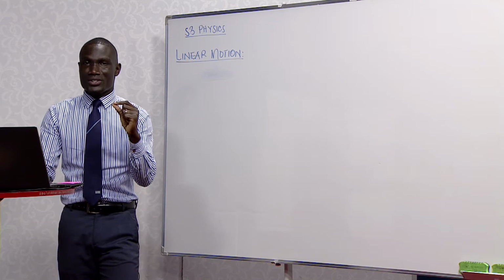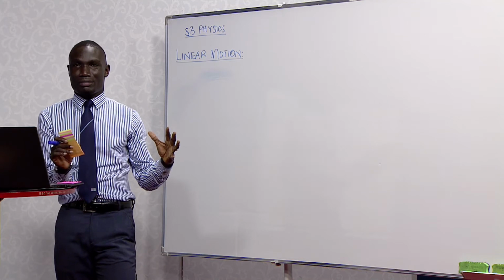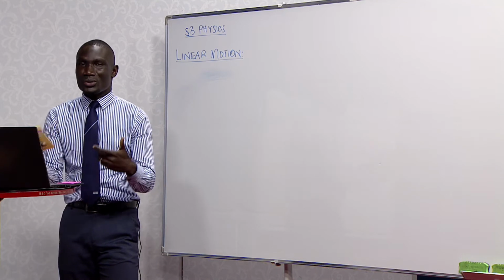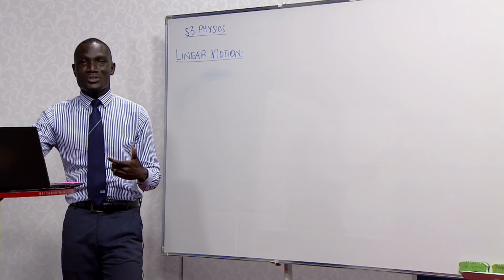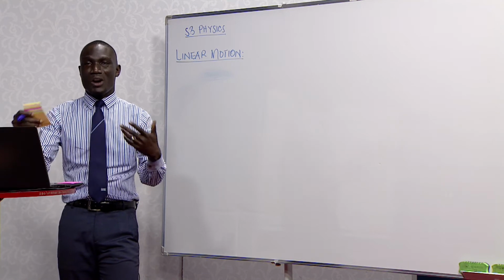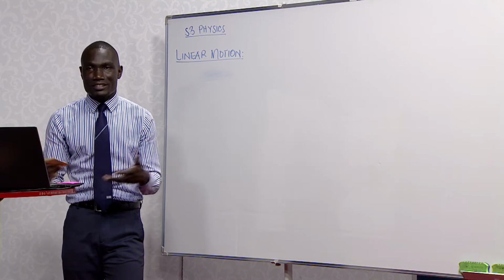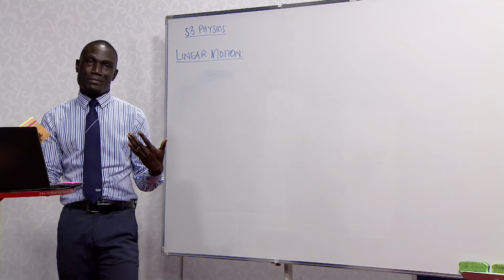When you are in your bedroom, you are in a certain position. When you move from your bedroom and go to the sitting room, you have moved to another position. When you move from the sitting room and go outside and come back, you're literally changing position.